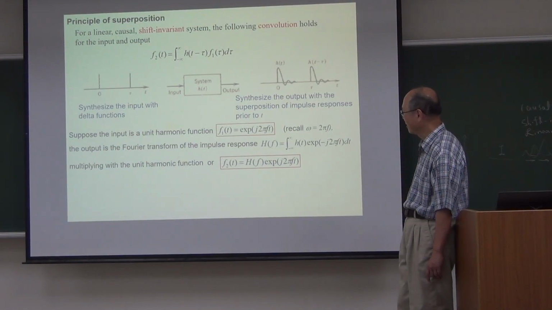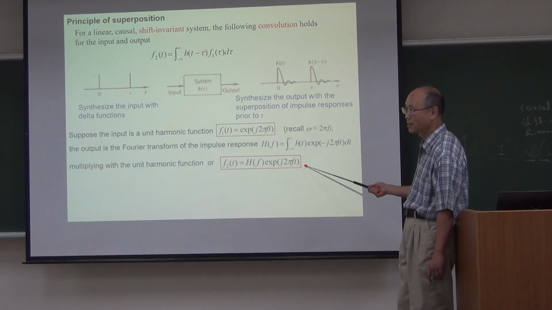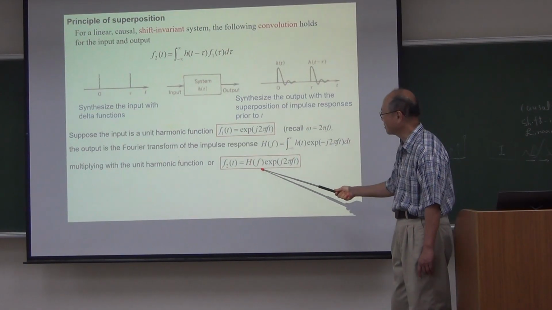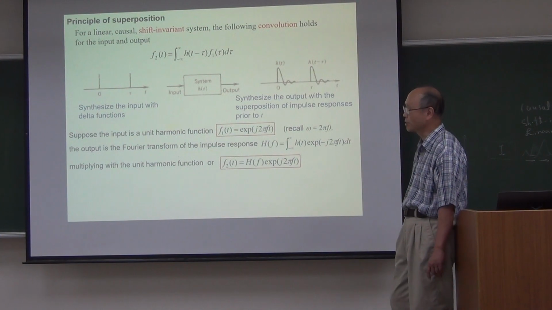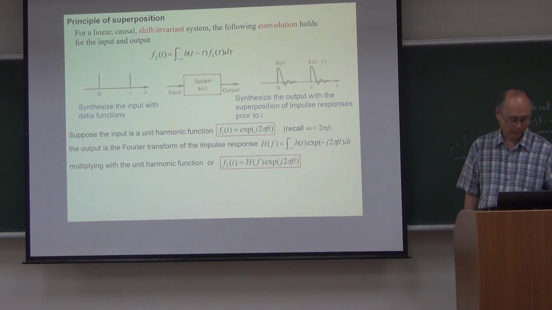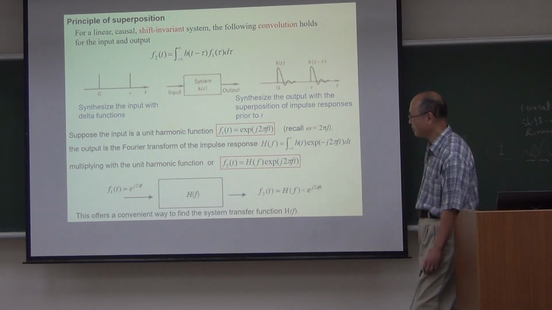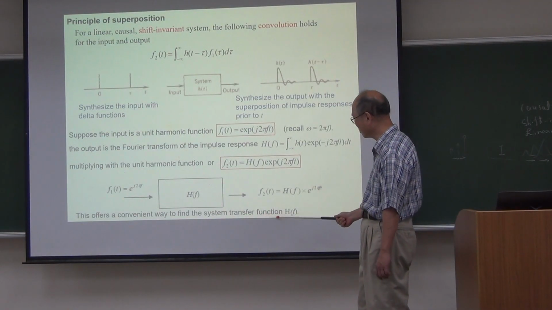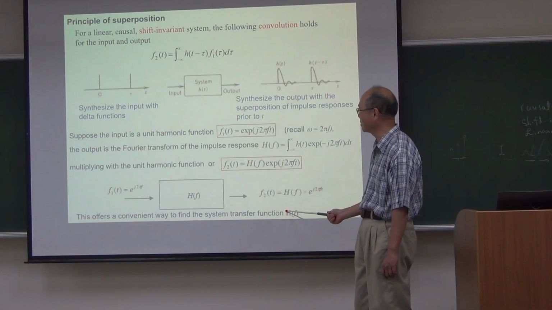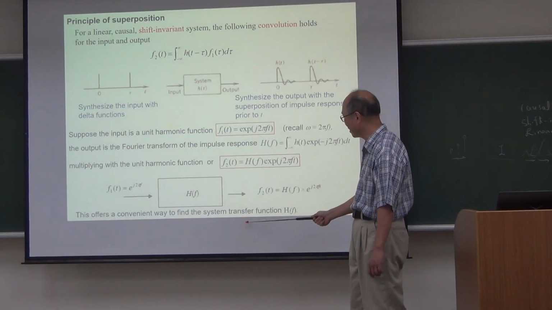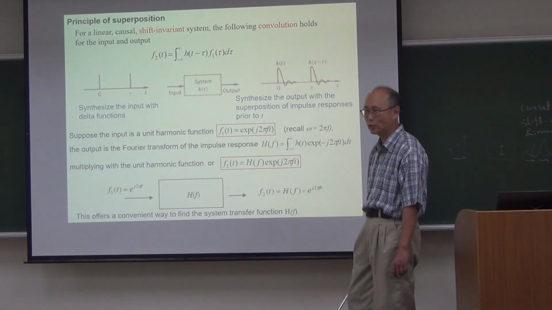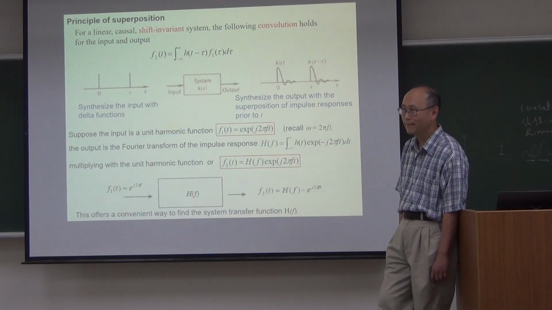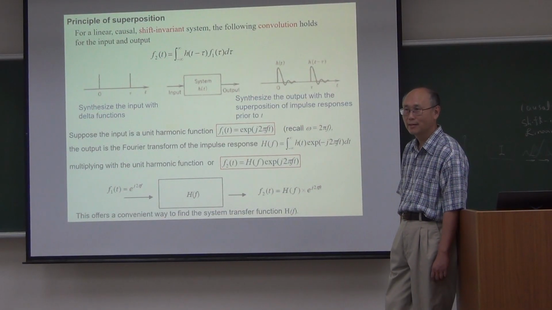Okay. You have this result. And this tells you the frequency response of the system. So this offers you a convenient way to get the transfer function. The frequency response of this linear system is sometimes called a transfer function. Okay.